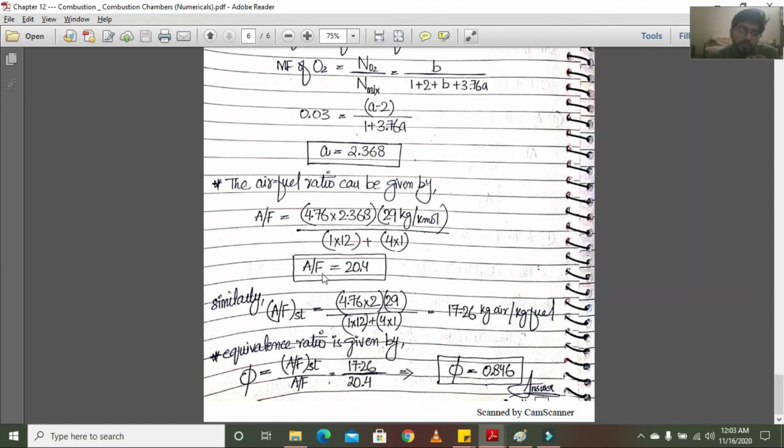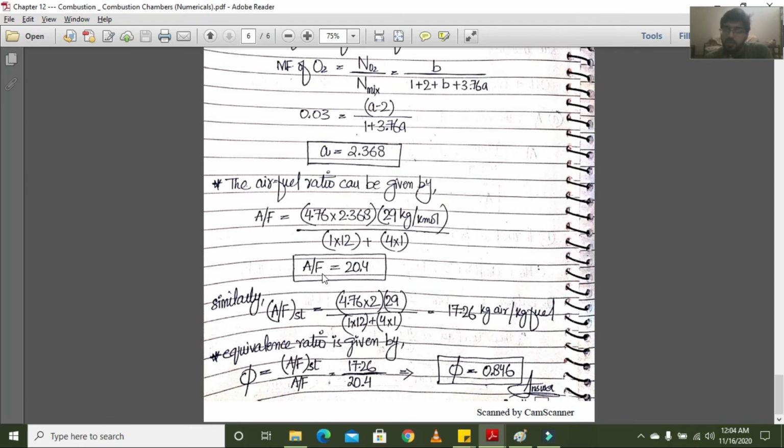In the next step it was asked to determine the equivalence ratio as well. As I explained earlier in the previous classes, in the topic of the carburetor, I explained this equivalence ratio in quite some detail.